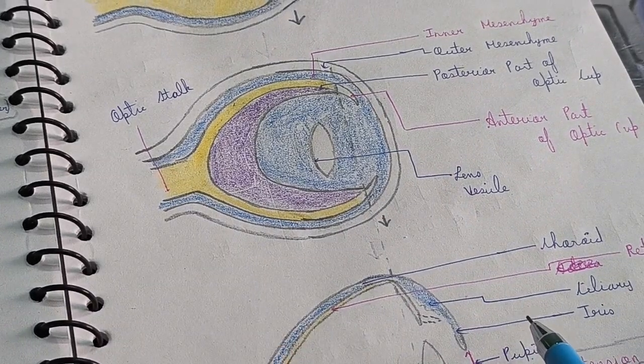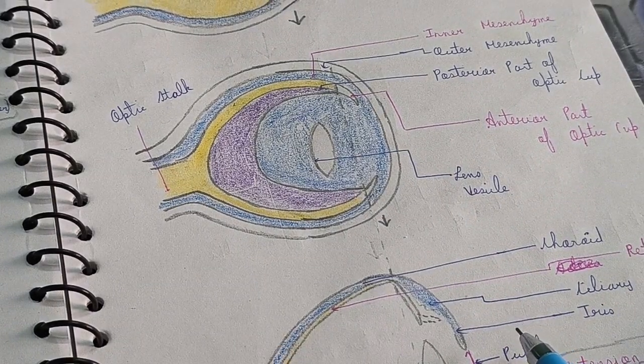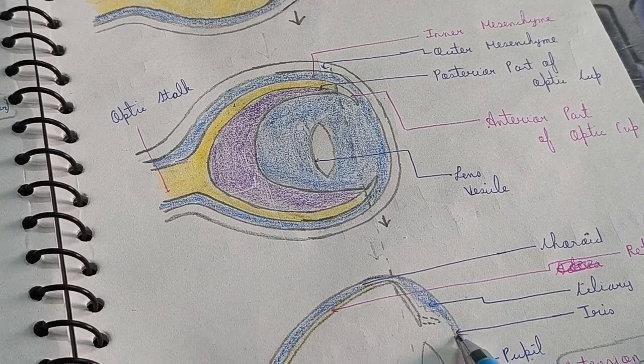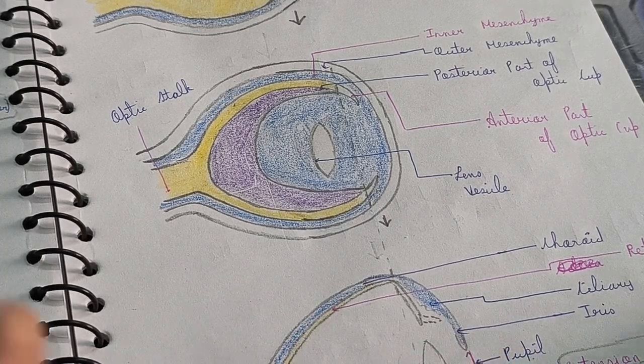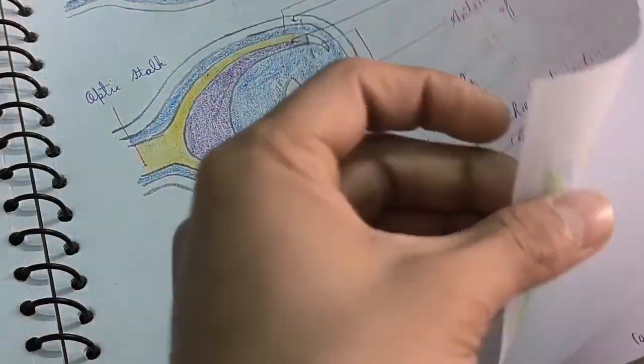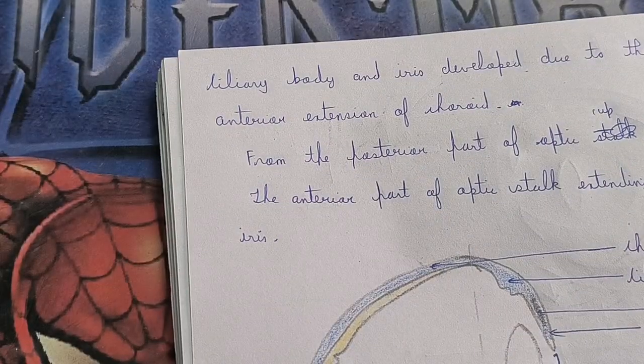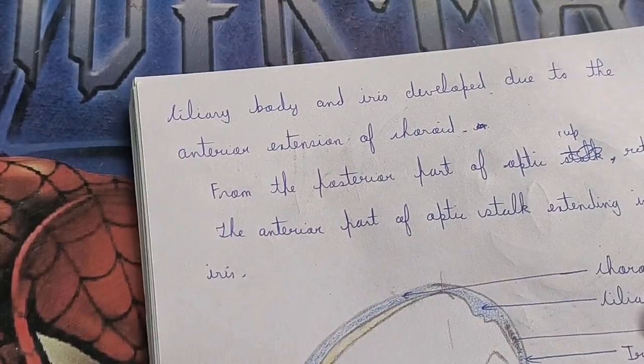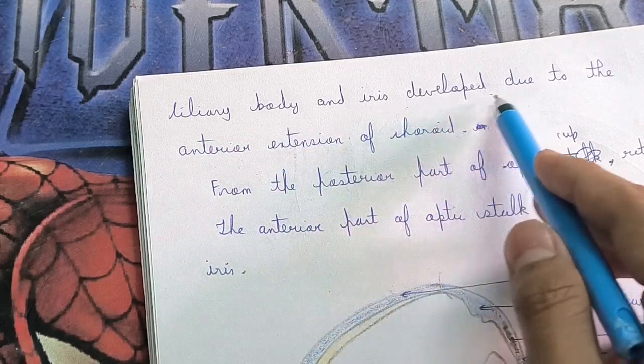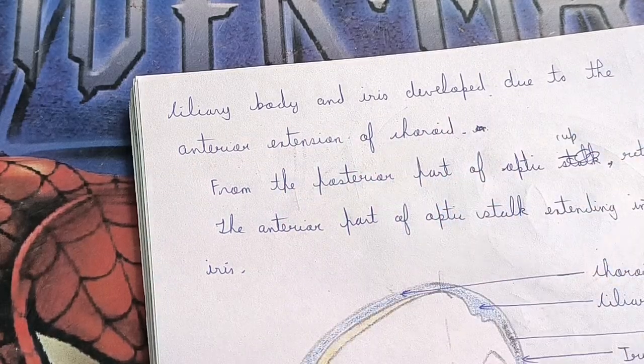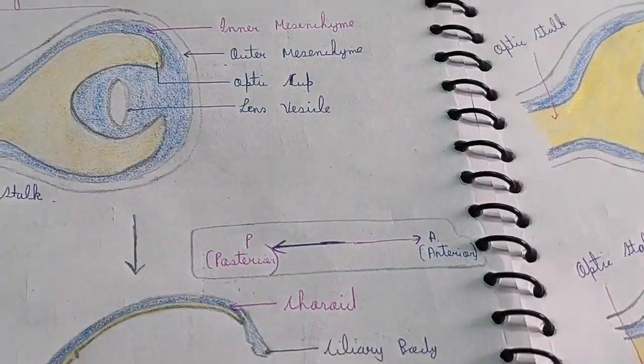But in the iris, muscles are required to cause dilatation and constriction of the pupil, and these muscles have not developed yet. Therefore, the complete development of the iris has not been done.